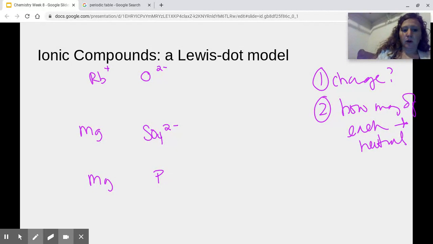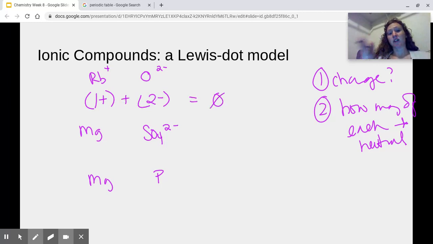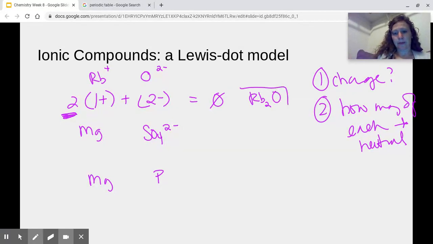Okay, so a 1+ and a 2- are not going to add up to be neutral, right? So how many of each do we need? We need 2 rubidiums. So our answer is going to be Rb2. The number that we need gets turned into the subscript O. Ta-da!